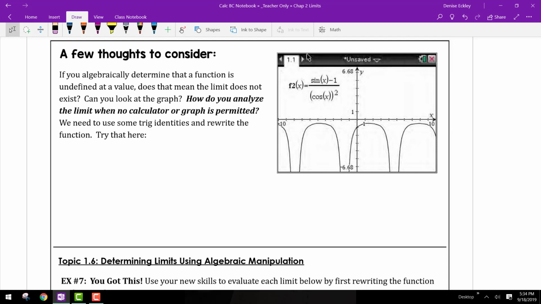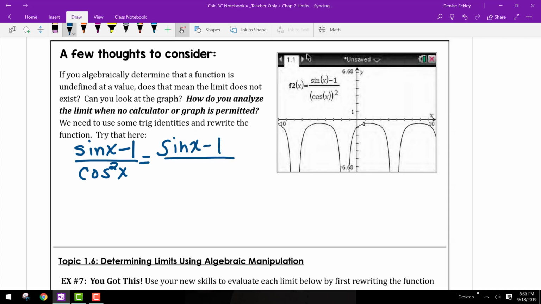We're looking at the same function we had before, but what if we're looking at a different point on the graph, one where it might not be defined? Let's simplify this. We have sine of x minus 1 over cosine squared x. I am going to use the identity that cosine squared is 1 minus sine squared.